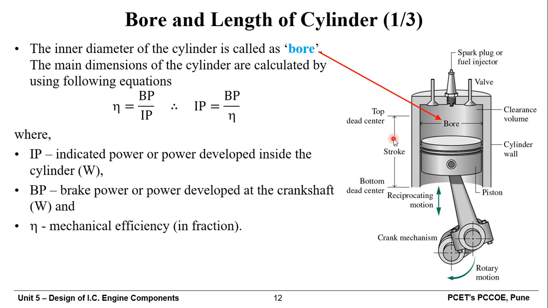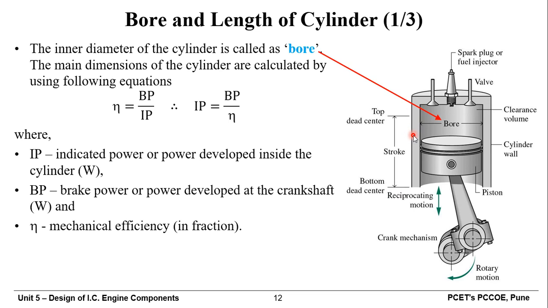Along with that, the total length, that is the stroke length plus some clearance above the top dead center, plus some distance below the bottom dead center. So stroke length plus clearance on both sides, that will be your total length. And the third part is the thickness of the cylinder wall.